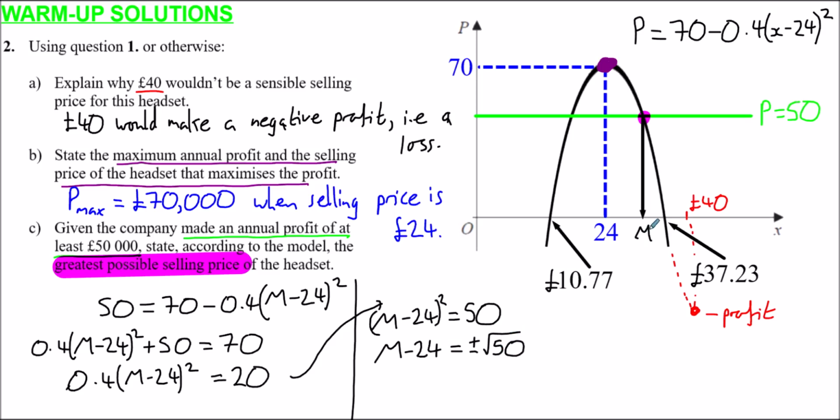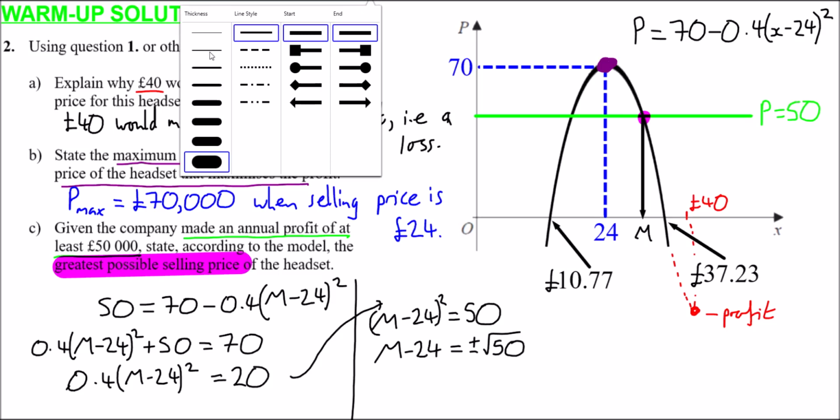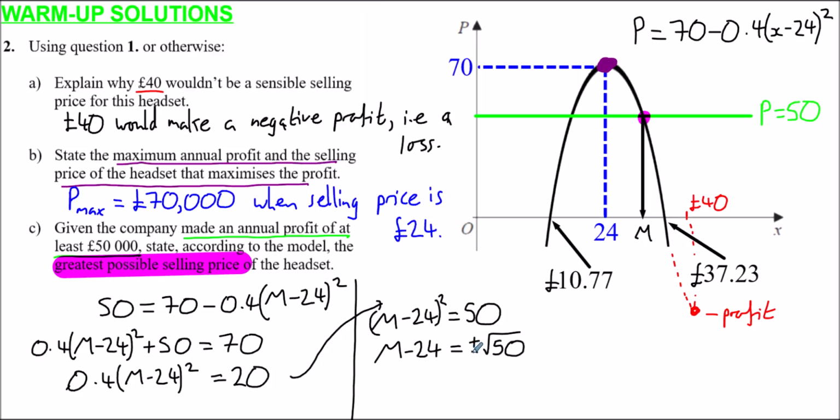Now because we're after the maximum, we can safely assume we're just after the positive square root. So we can just go for the positive because we're after m being maximum. So therefore m will be 24 plus the square root of 50. So what does this come out as being?